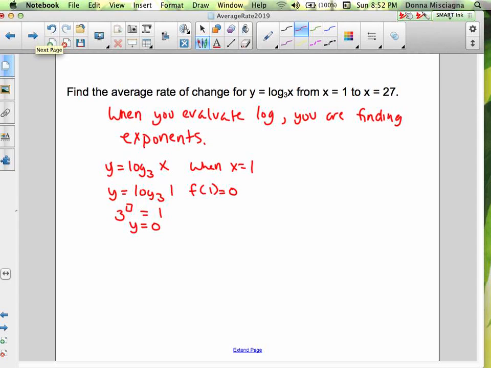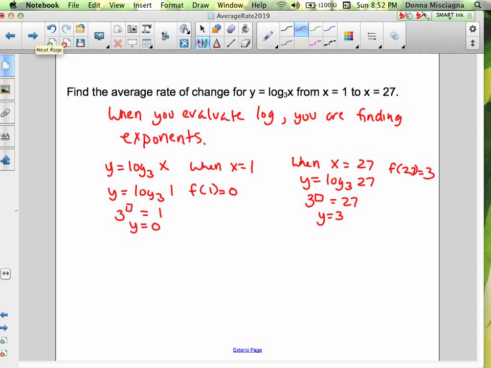Let's evaluate the other one. Now when x equals 27, y equals log base 3 of 27. So 3 to what power is 27? Well, 3 cubed is 27, and so f of 27 is 3.